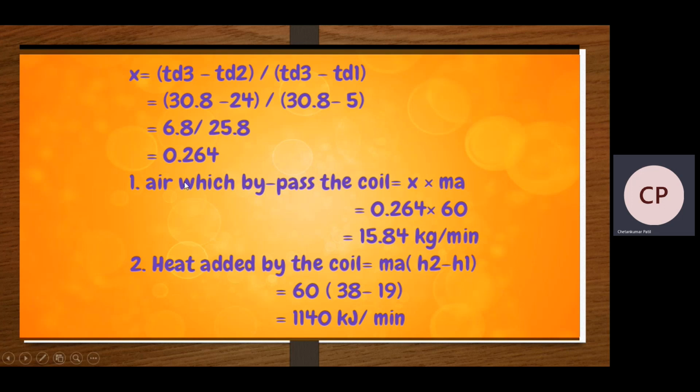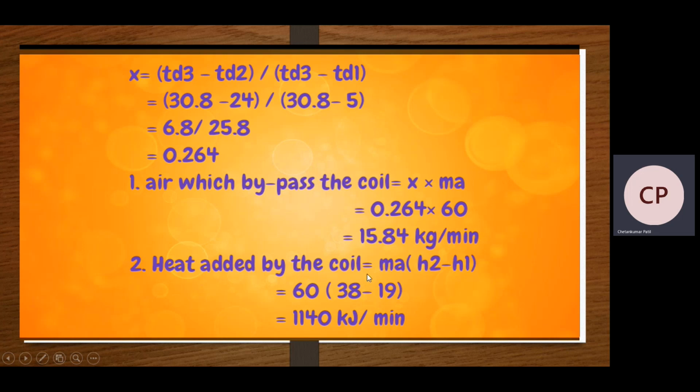So for the total air which bypasses the coil, we have to multiply x by ma, the mass flow rate of air. So 60 kilogram per minute multiplied by 0.264, which is equal to 15.84 kilogram per minute. So this is the answer.